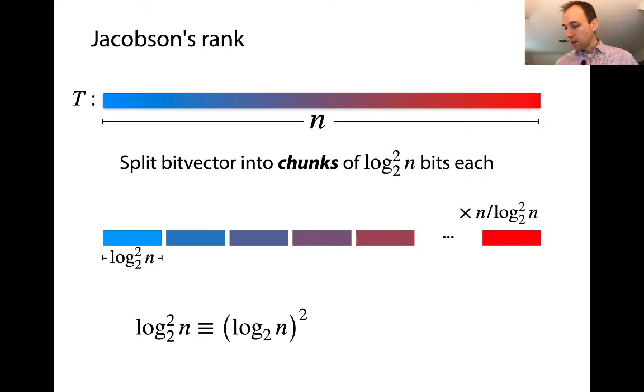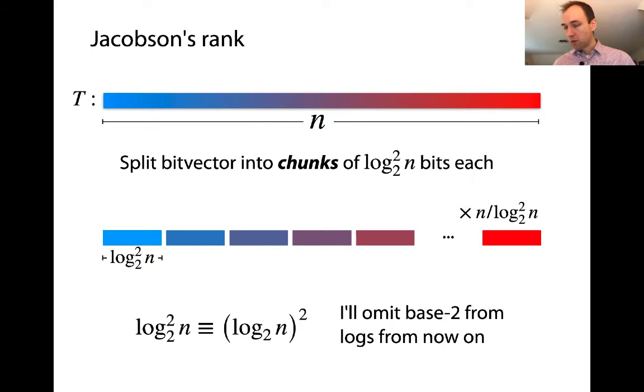And then also let's remind ourselves about this notation. The 2 in the subscript is the base of the log, but the 2 in the superscript is the same thing as saying log base 2 of n quantity squared. So it's just a shorthand way of saying that. And by way of another note about notation, I'm not going to keep writing log base 2. I'll just write log, and throughout you can assume that I mean log base 2.